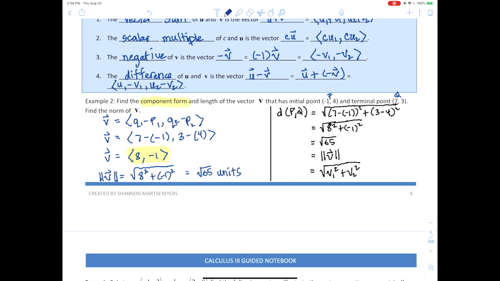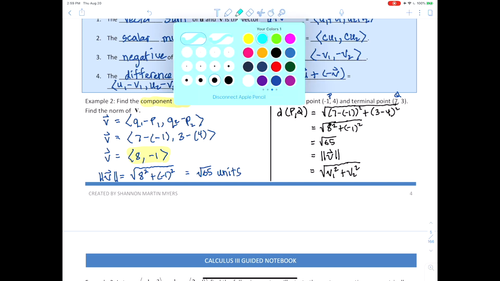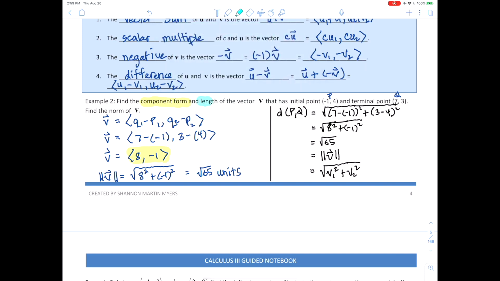Cool? All right, so our answer for our magnitude, our length, is root 65 units, and this is the notation and formula. Groovy? All right, let's keep it going.